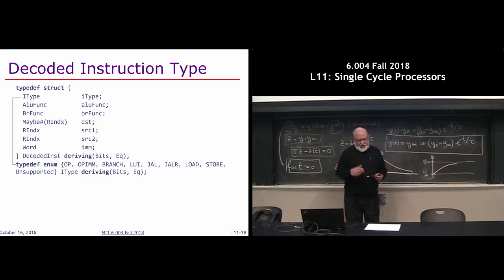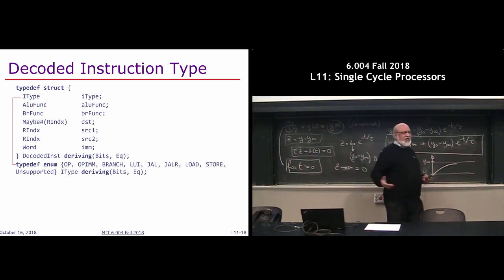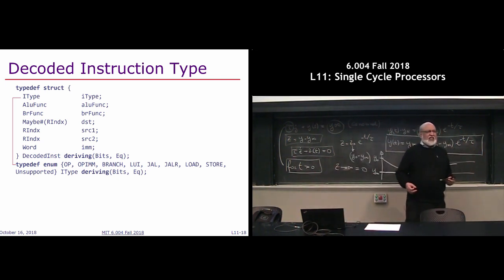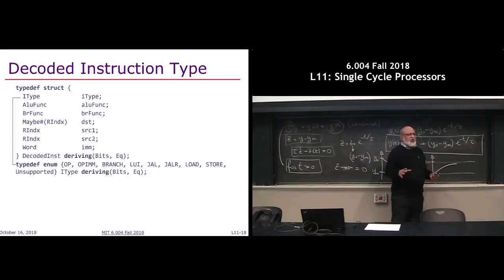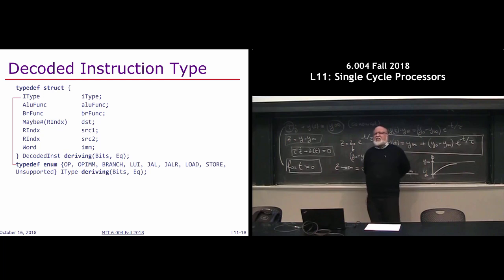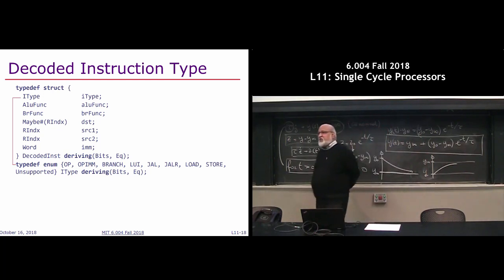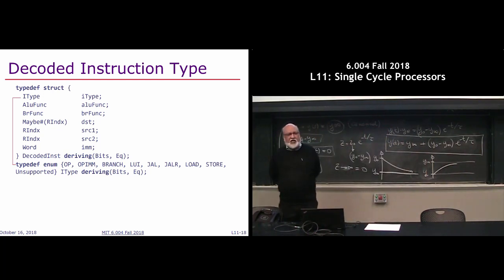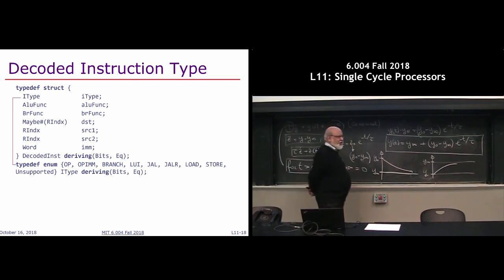Deriving will give you the bits representation. It will give you the equality function on this. And there are many other things it can do. Even if I forget to write deriving, it's always there, right? You have to assume that this is to make your life easier. If you don't write deriving, that means you have to write down the equality on that type. And they're so trivial to derive that you might as well let the compiler do it for you.